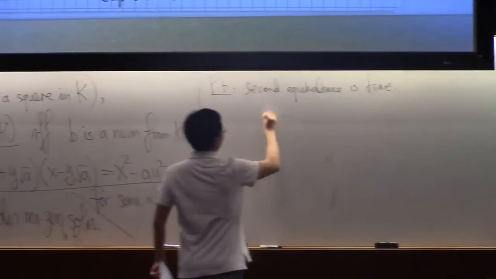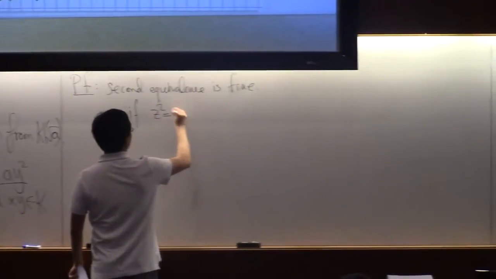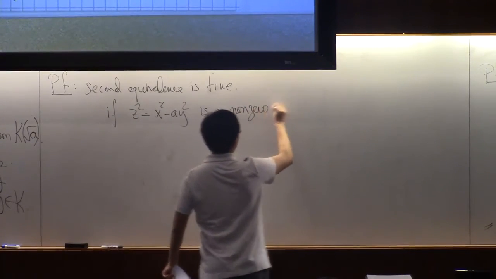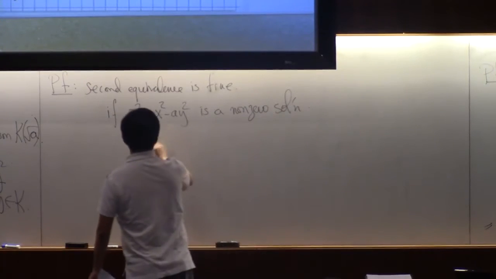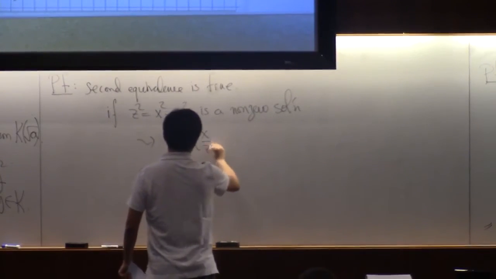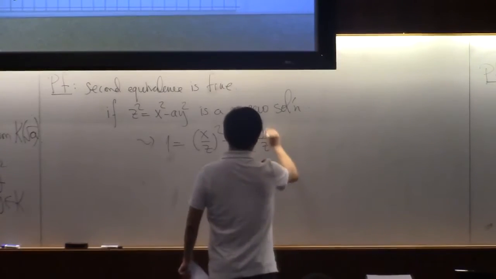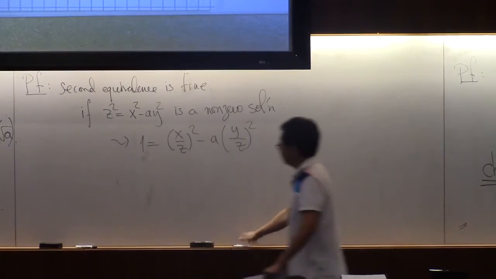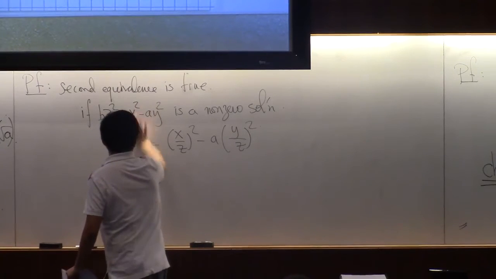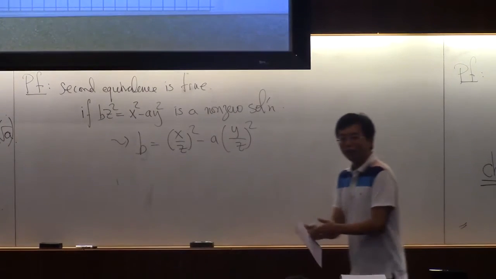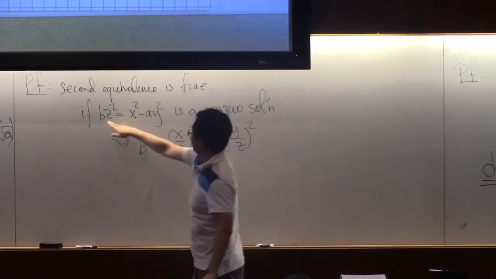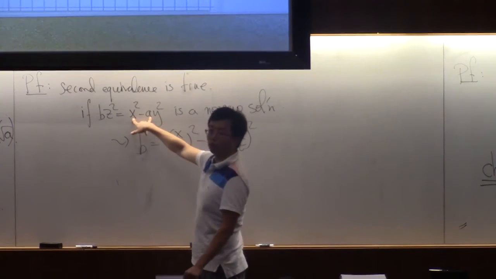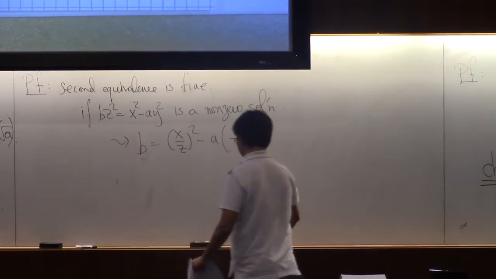And going the other way, if BZ squared equals X squared minus AY squared is a non-zero solution, basically you just get B equals X over Z squared minus A times Y over Z squared. Oh, sorry, no, I have a B here. It's a little strange. You may wonder why Z is non-zero. If Z were zero, then that would mean A is a square, which contradicts our assumption.